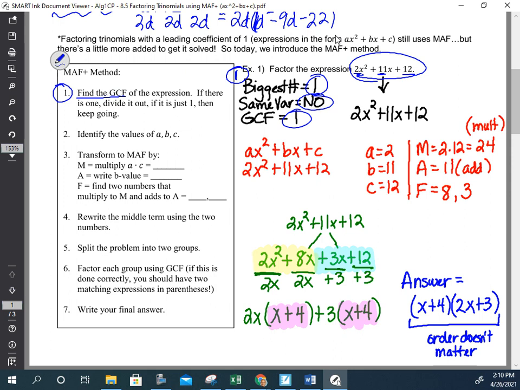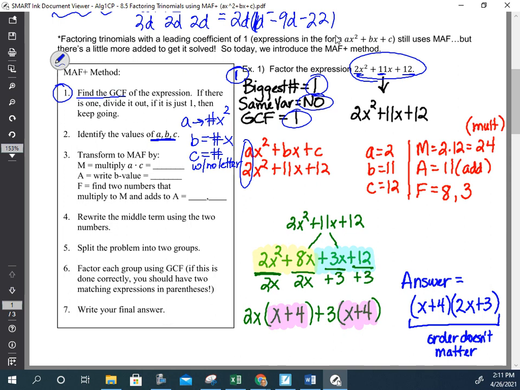Step 2. Identify A, B, and C. So where does A, B, and C come from? A is the number that sits in front of x squared, which in this case would be 2.